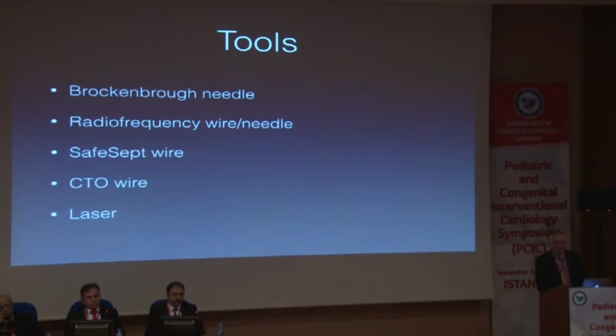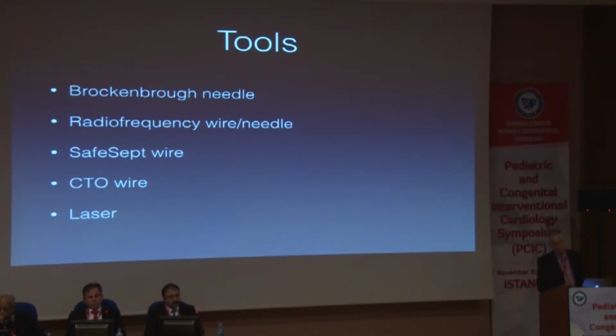The radiofrequency wire or the radiofrequency needle are both possibilities, and these have the benefit of not sliding up and down the atrial septum, particularly if the atrial septum is bulging left to right. The problem, however, is sometimes the wire does tend to go beyond where you want to go. In other words, it can perforate the free wall of the atrium.